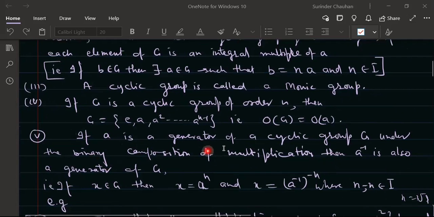If a is a generator of a cyclic group under the binary composition of multiplication, then a raised to the power -1 is also a generator of the same group.